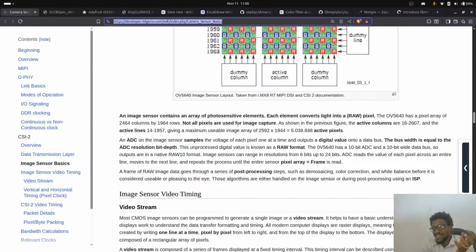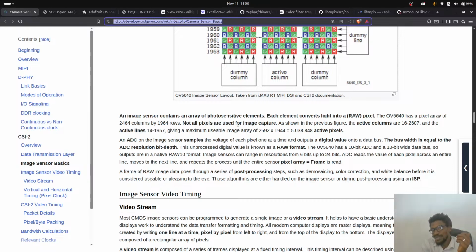As shown in the previous image, active columns are 16 to 2607, and the active lines are 14 to 1957, and the maximum usable image array is 2592 by 1944, which is 5 megapixels. An ADC on the image sensor samples the voltage of each pixel one at a time, outputs a digital value on a data bus.